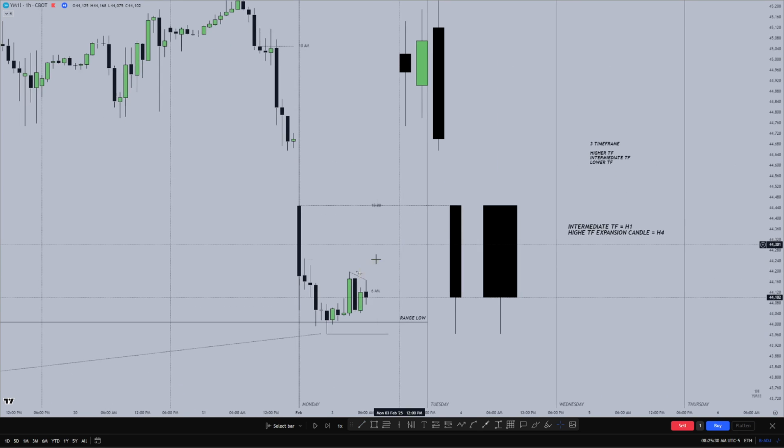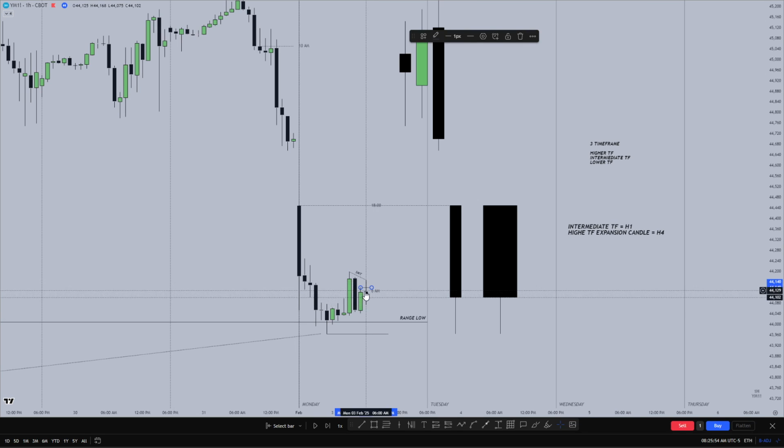So I have a structure and I have phases of price delivery telling me to short till here, on which time frame? 1 hour. So this is telling me to drop to the aligned lower time frame. But 1 hour is the time frame I am using for getting the structure.